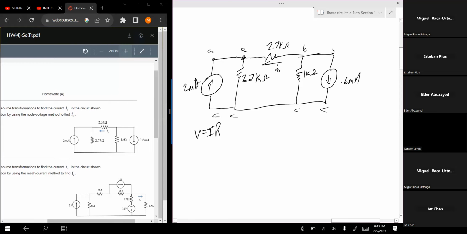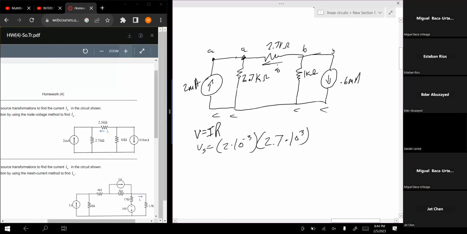So to turn this into a voltage source, you multiply the 2 milliamps by the 2.7 kilo ohms. So the voltage source is 2 times 10 to the negative 3 times 2.7 times 10 to the 3.